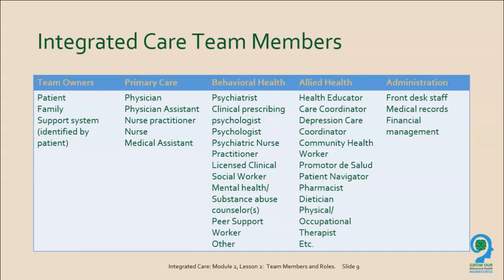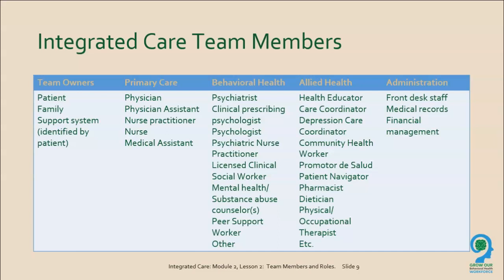Allied health professionals are also key members of the patient team. These include health educators, care coordinators, depression care coordinators, community health workers, the promotores de salud, patient navigators, pharmacists, dietitians, and physical or occupational therapists. Many of these people are key to helping someone get literally back on their feet and healthy again.